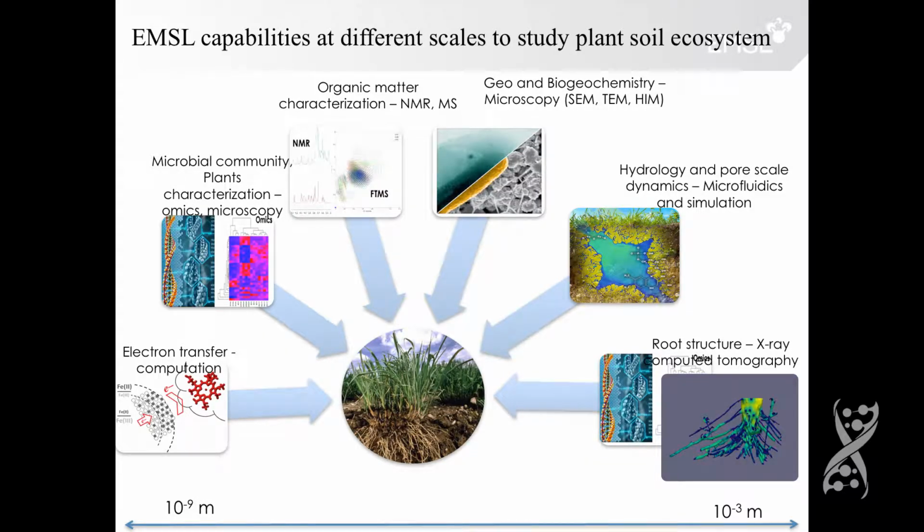We in the EMSL have a number of capabilities to study these interactions, and what I want to try to do is go through these capabilities, and I organized them by scales. So we have capabilities that go from the micrometer scale to the nanometer scale, where we can look at different aspects of these interactions from a gross picture scale to the electron scale. So we have X-ray tomography to look at gross root structures.